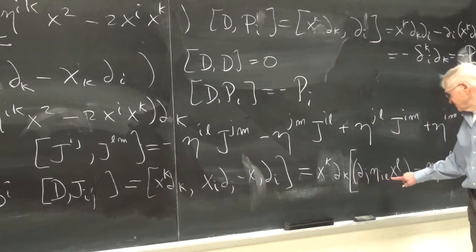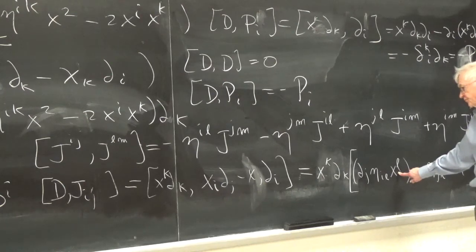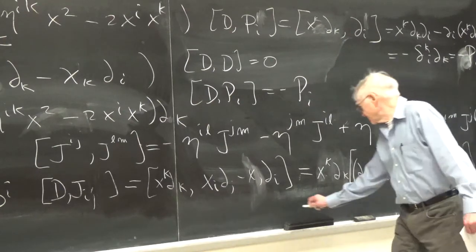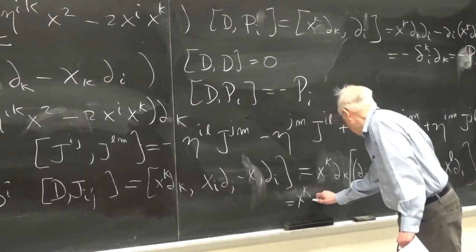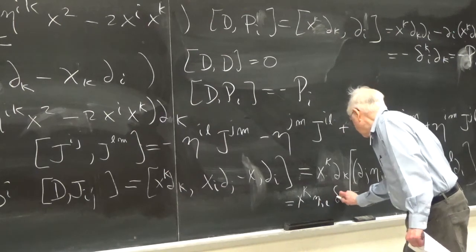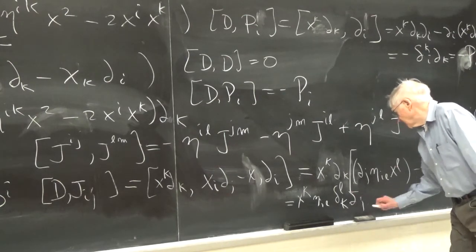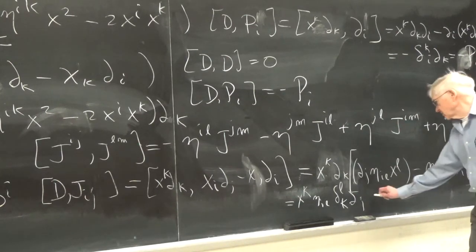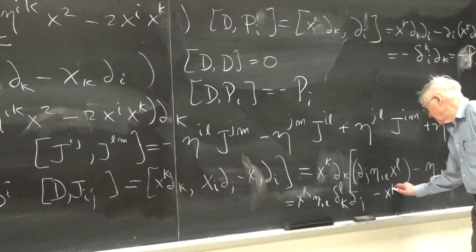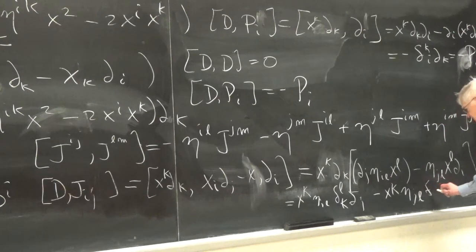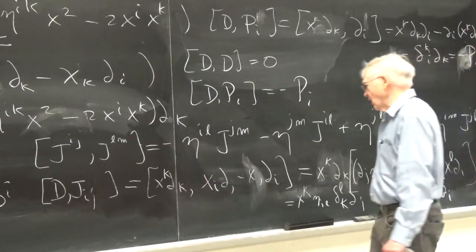And now the k comes in and hits the x^l, so this is x^k eta_il delta_lk, and then a d_j, and then over here it's minus x^k eta_jl delta_lk d_i. But I've just done the terms going that way.